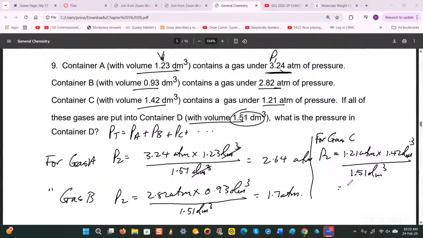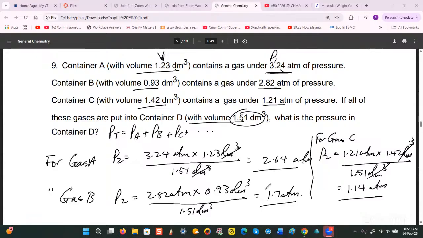And let's see what that gives. So 1.21 times 1.42 divided by 1.51. And according to my calculation, this is rounded off to 3 sig figs, so 1.14 atmospheres, because again, the decimeter cube units will cancel, all right? So basically we have calculated the pressure of each gas when placed into container B, right? So we got 2.64 atmospheres, we got 1.7 atmospheres, we got 1.14 atmospheres.